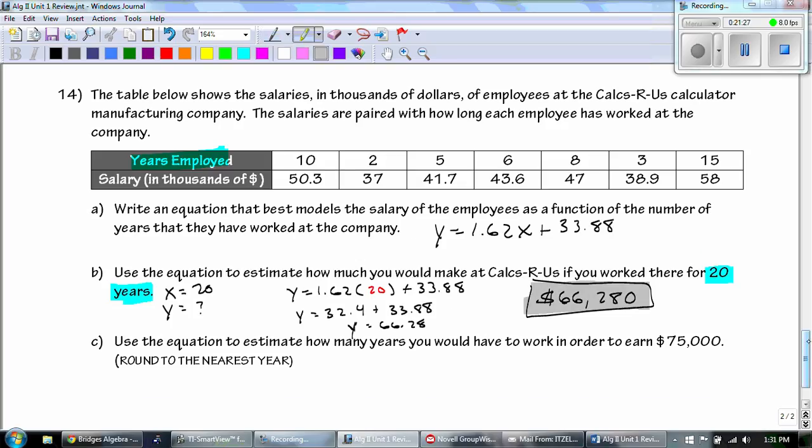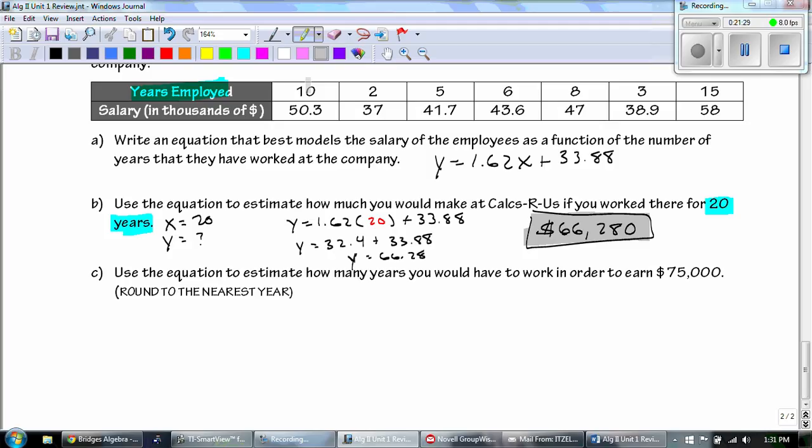Okay, all right, last one. Round to the nearest year. Okay, so I know that I don't know the years, but I do know that Y is 75,000. And we just got to remember that we want that as 75. Okay, so 75 equals 1.62x plus 33.88.